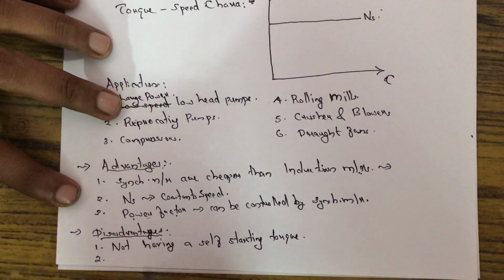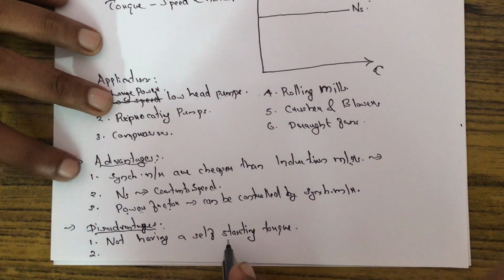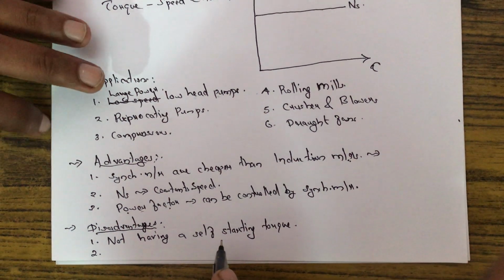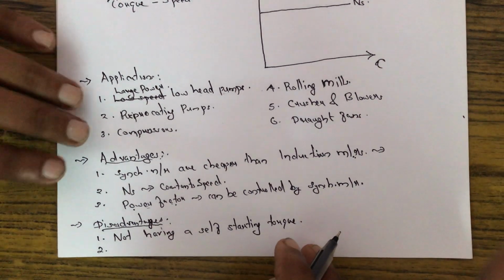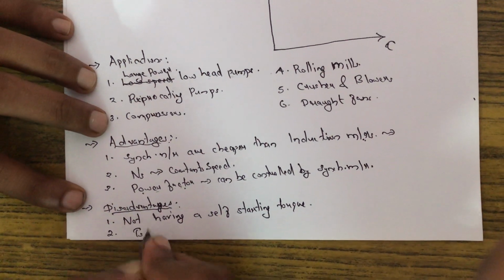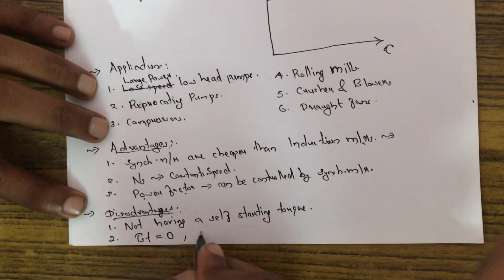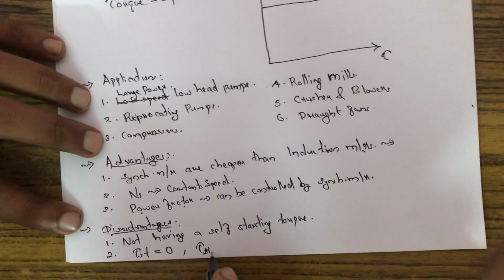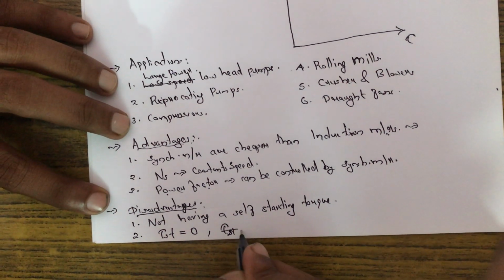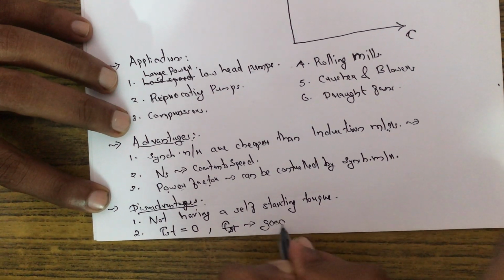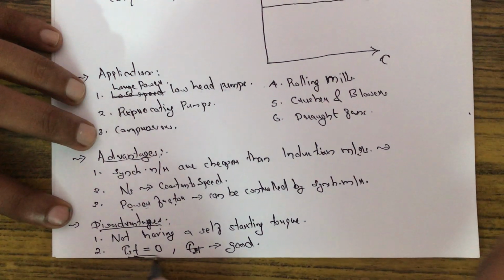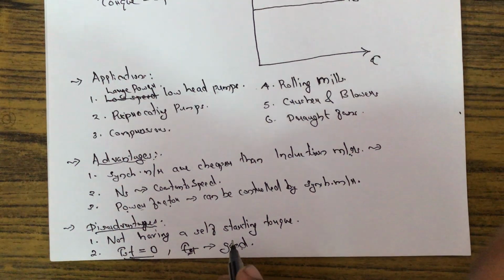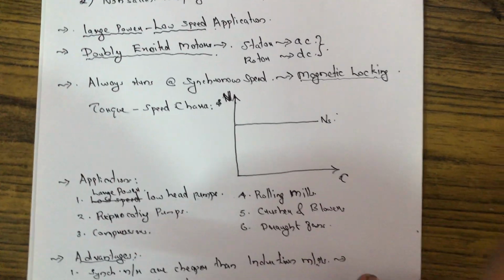Some methods are needed to start the synchronous motor. Starting torque will be 0, but it has good running torque. So one of the main disadvantages of the synchronous motor is that it does not have any self-starting torque.